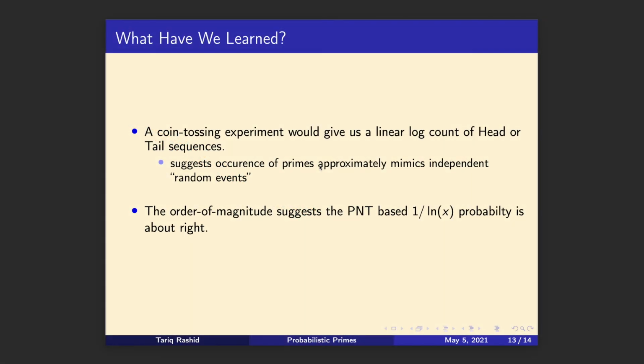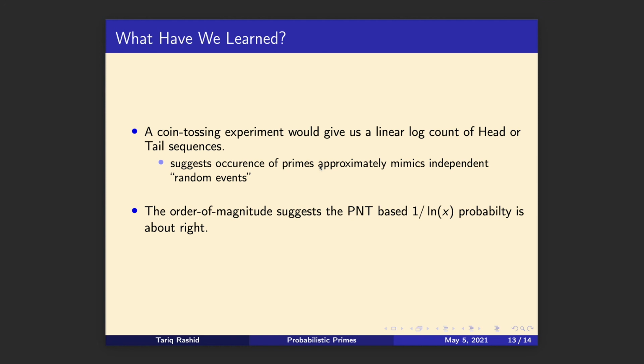Now, before we finish, we should challenge ourselves and say, well, what have we really learnt? Was that linear form of the log count very special? If you think about it, it wasn't really, because any independent event, when we think about sequences of them, results in the same linear log count.